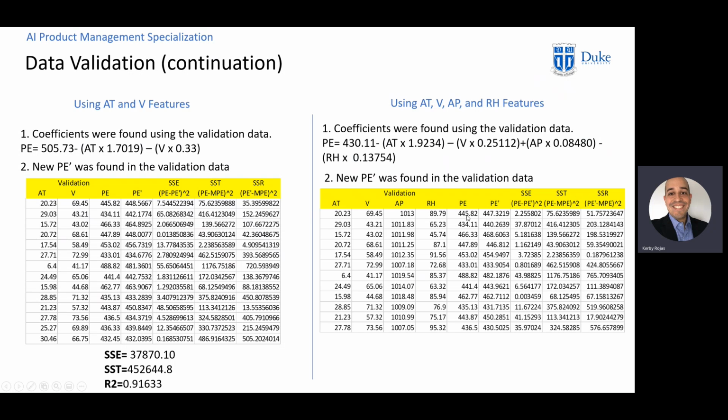From that, again, I found a new PE, and I got all the information for the SSA, SST, SSR. That gives me very, very good values. And also, as you can see, the R2 for including all the features is actually much better than just the features AT and V.